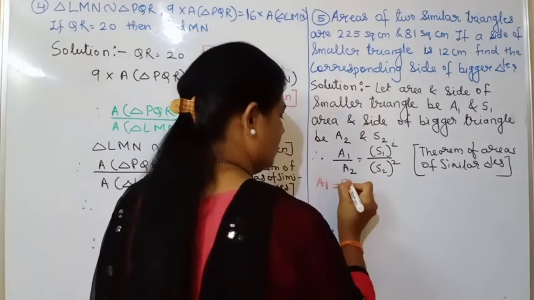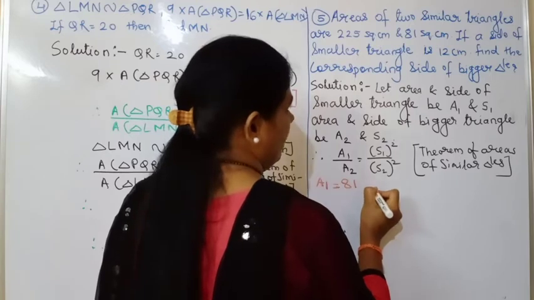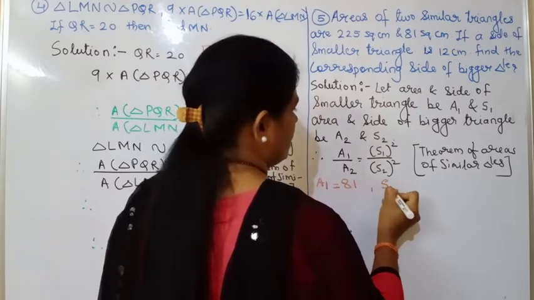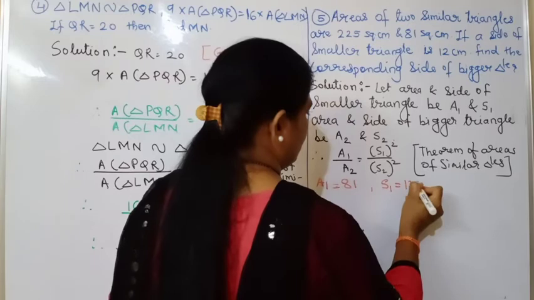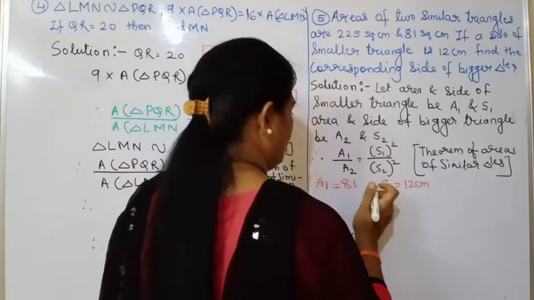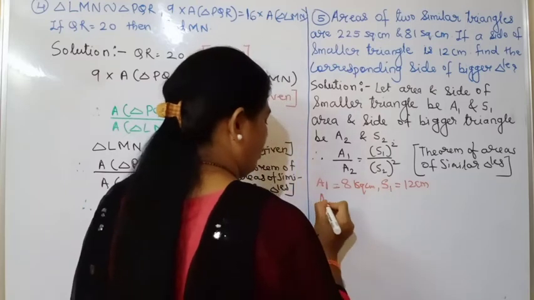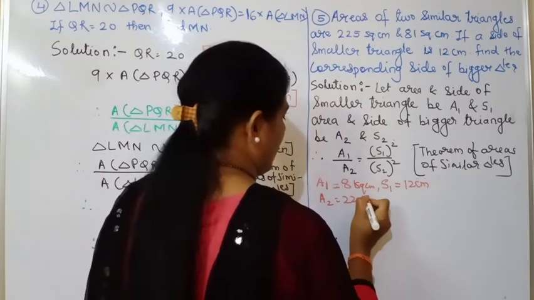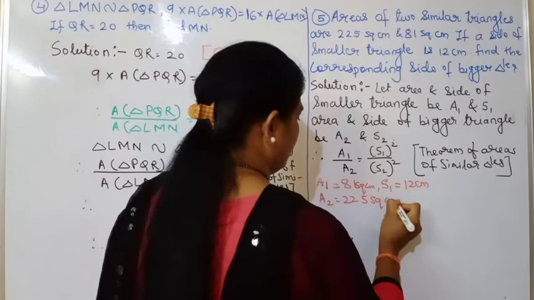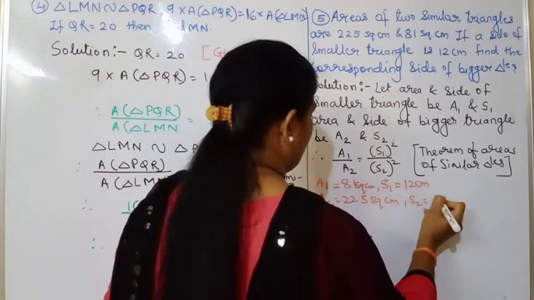A1 will be 81. Okay, then S1 is given, that is 12 centimeter. Okay, and here also 81 square centimeter. Then A2 is equal to 225 square centimeter and we have to calculate S2.